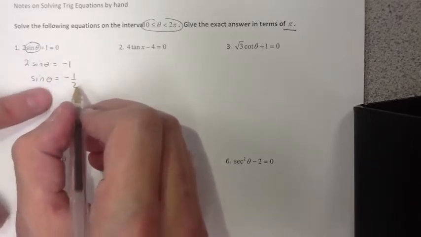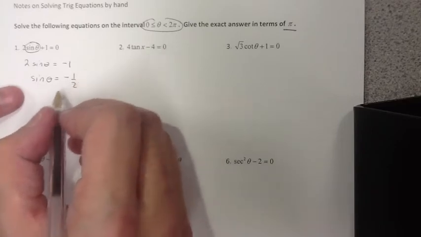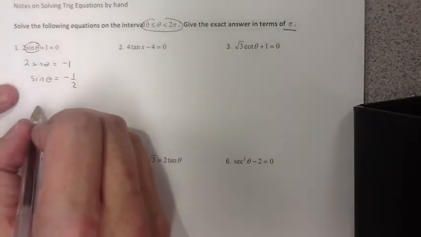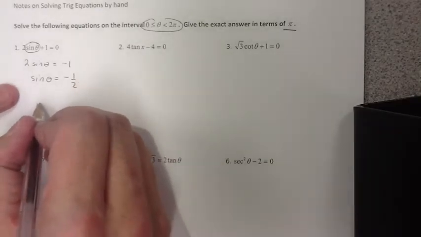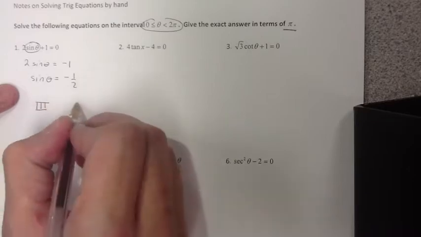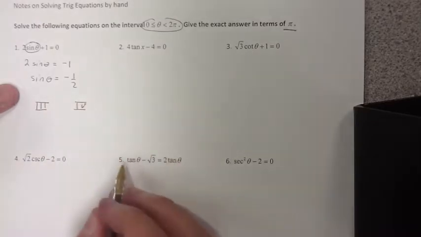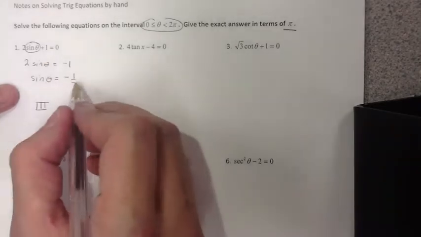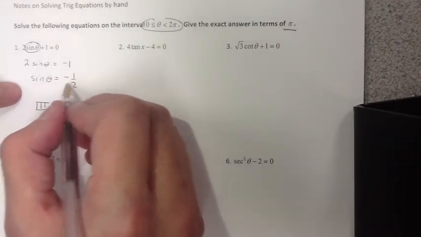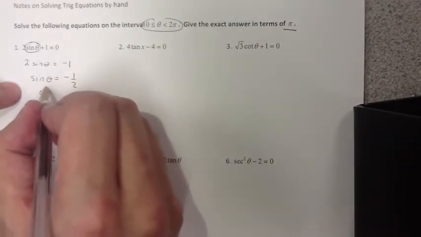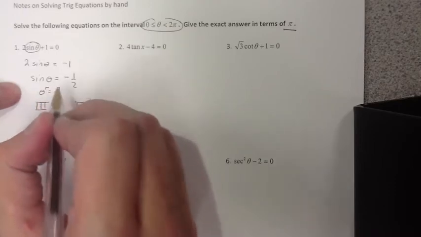Now, my sign is negative, so that's going to tell us which quadrants we're in. Sine is negative in quadrant 3 and quadrant 4. Next, I need a reference angle. Well, sine is equal to 1/2 at pi over 6.